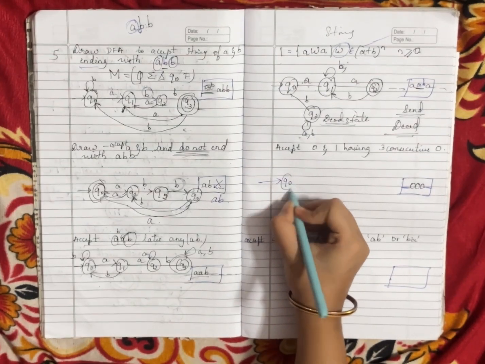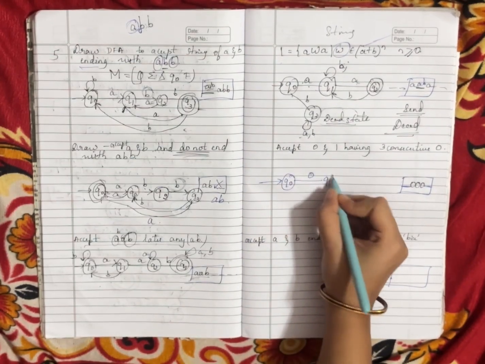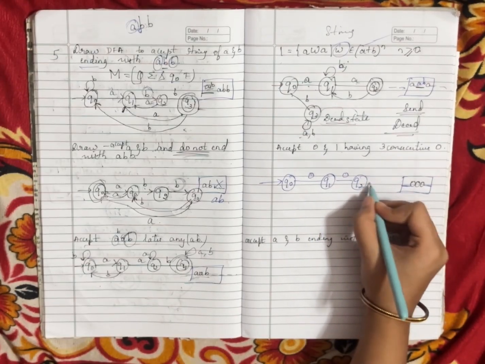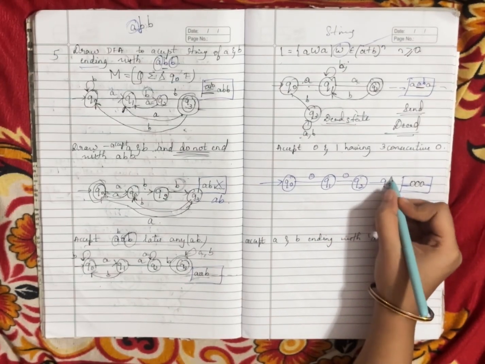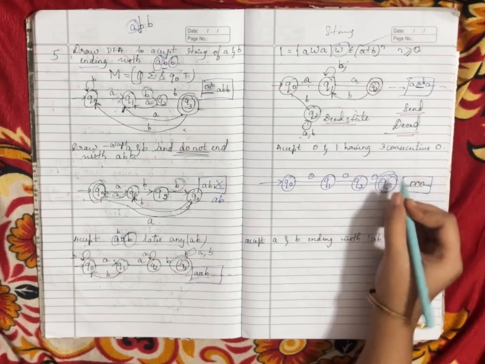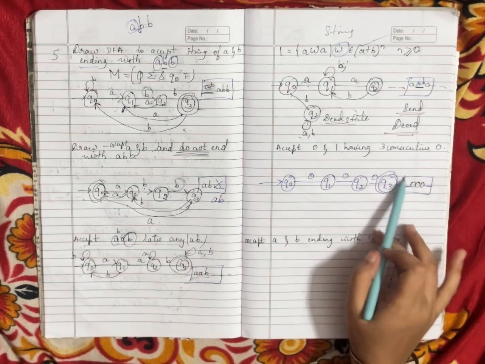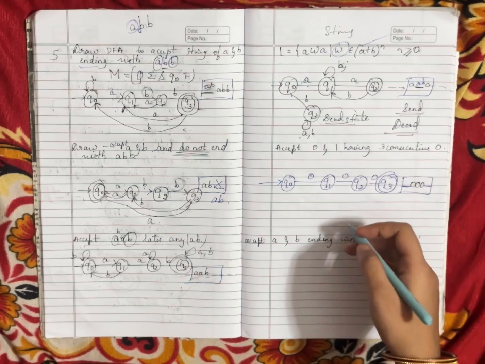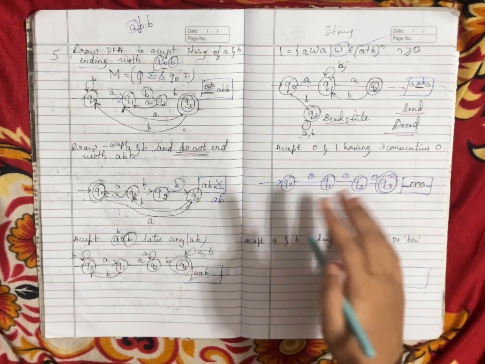So Q naught, I'm accepting 1 0. I'm accepting second 0, and I'm accepting third 0. Okay, this is the final state. Do not forget to put the final state. So starting can be anything. It means it can be either 0 or 1, right?